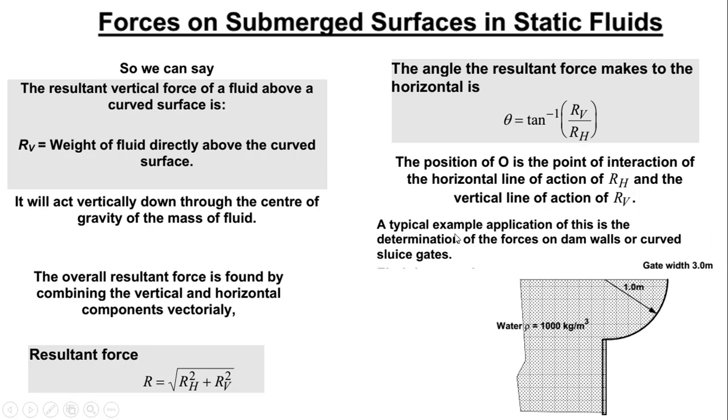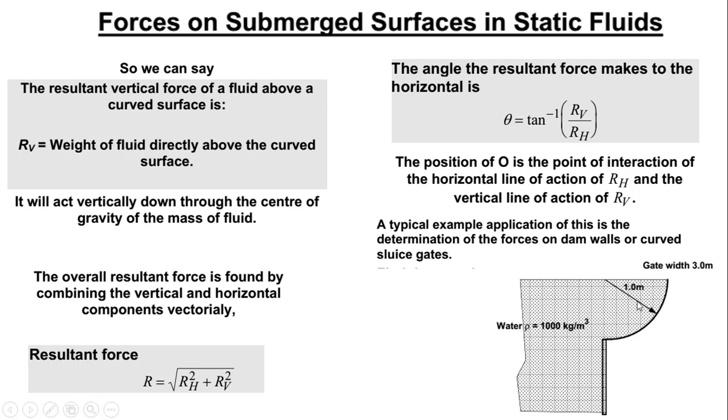So this is a typical question that can come up where we're asked to determine the forces on dam walls or curved gates. We are given that we have water, so the density will be 1000 kg per meter cubed, and we have this radius, which is 1 meter, and the gate width is 3 meters.